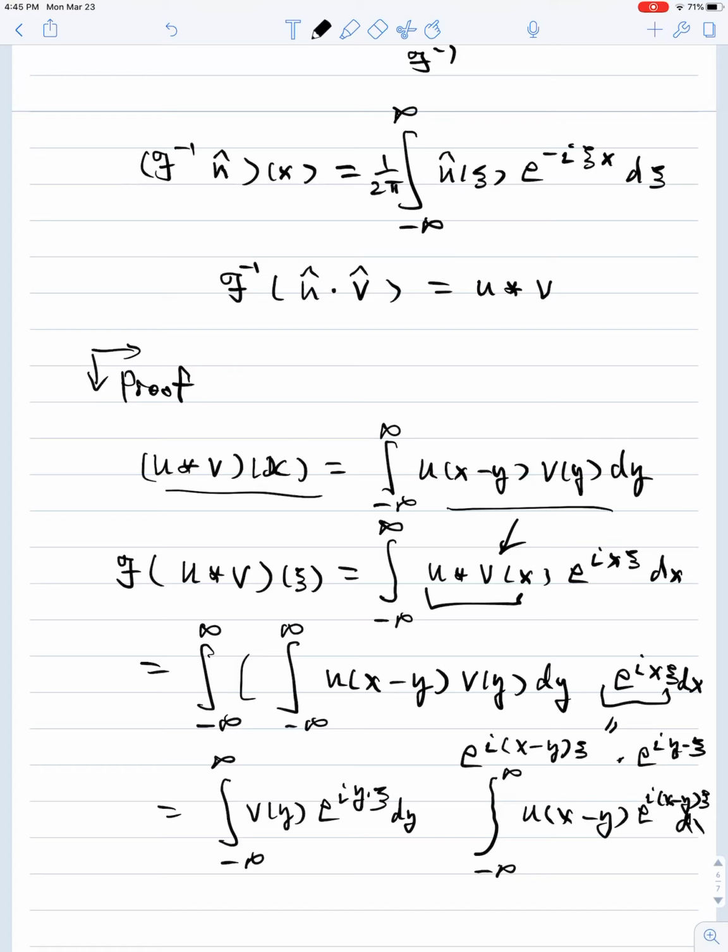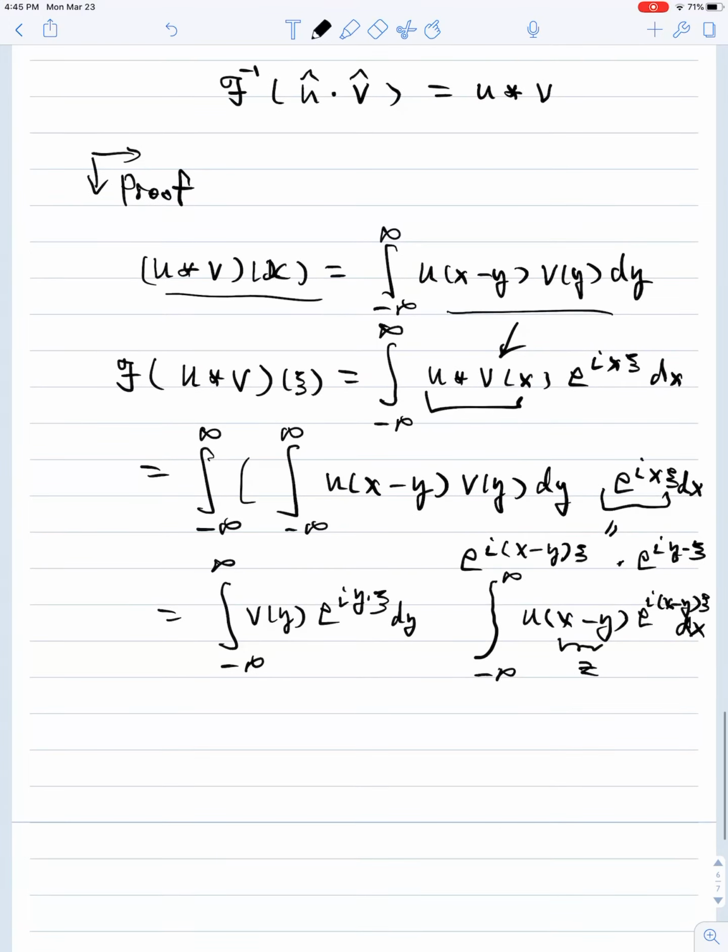So here, after we do a substitution, let's say change x-y to z, we see that these actually become the Fourier transform of v, and the Fourier transform of u.